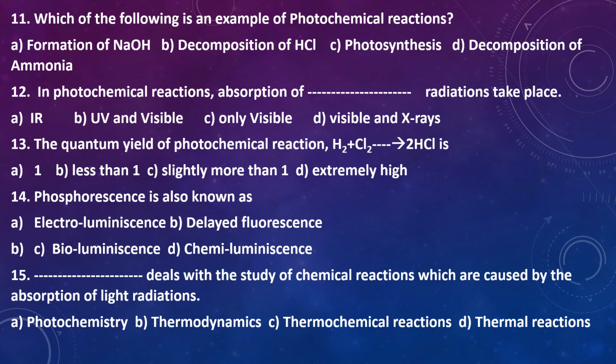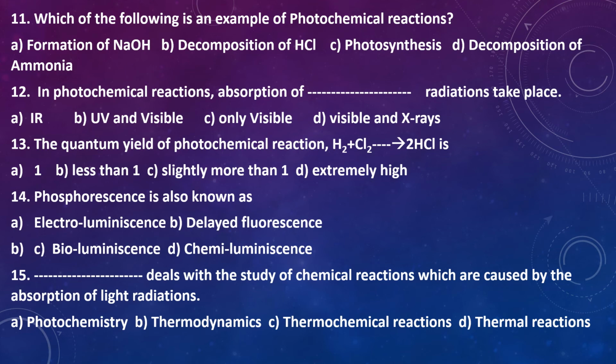Question number 12. In photochemical reactions, absorption of dash radiations take place. Okay. In the introduction to photochemistry, in the first sentence, you will be finding the answer for this question. Giving out the options for you.